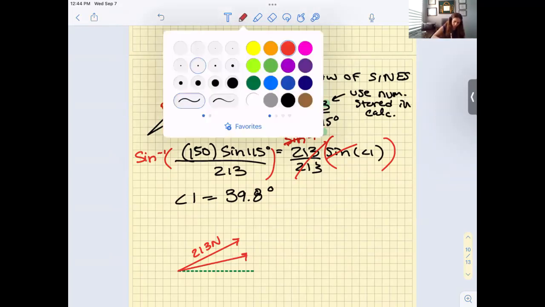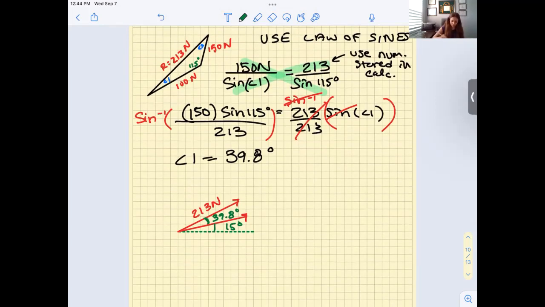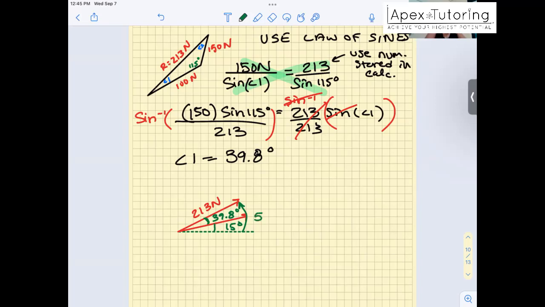So we knew that its original reference angle here was 15 degrees, and we just solved for this angle right here, which is 39.8 degrees. So if you want the reference angle all the way to that resultant force, what is that angle? 54.8. Okay, questions about how we got that?